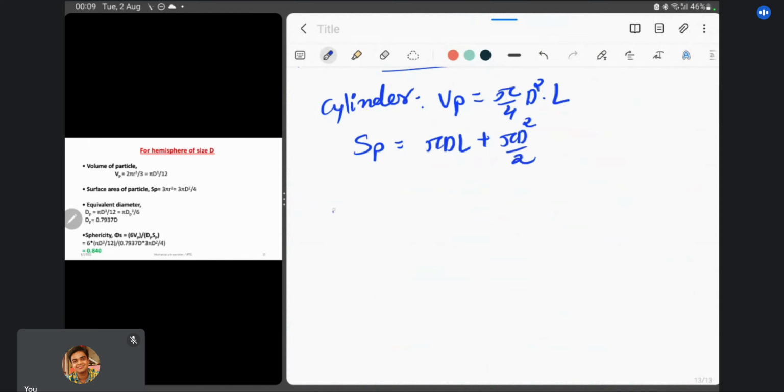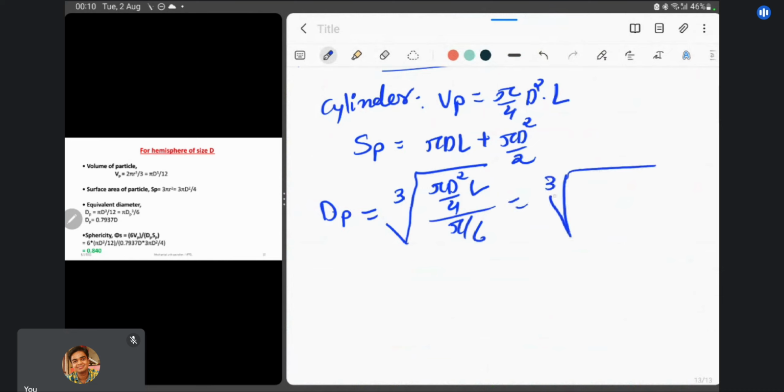And for the equivalent diameter dp, dp cube, and then we need to compute accordingly. But here I am directly taking the cube root, so dp from pi d square by 4 L, the same one, Vp divided by pi by 6. So if we solve this again, we get 3 by 2 d square L. Other things will be cancelled.